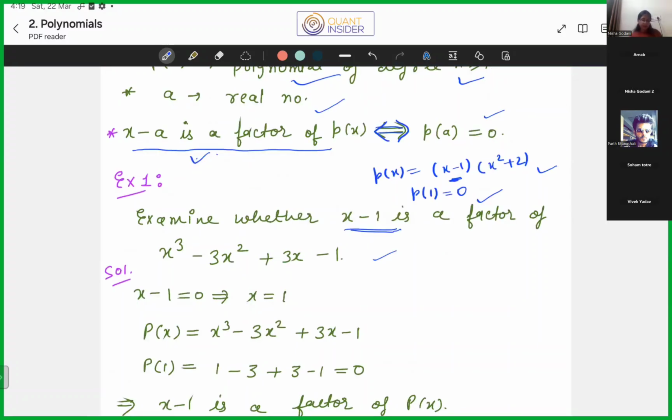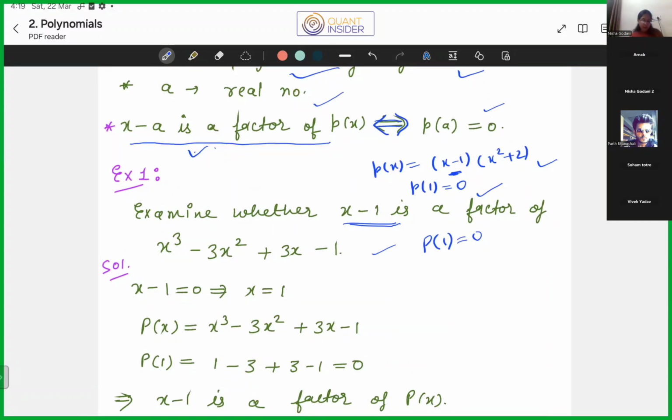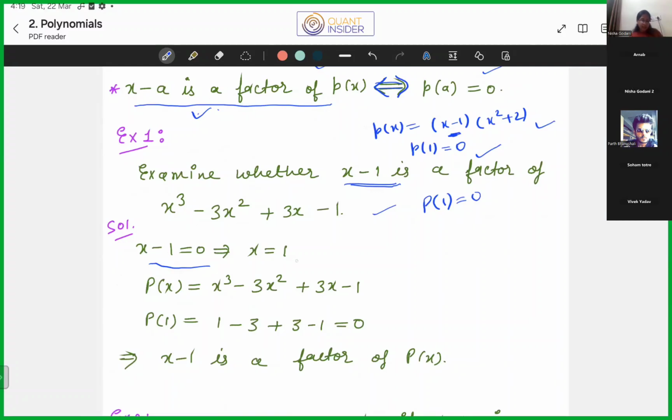So x minus 1 equal to 0 gives x equal to 1. I have denoted the given polynomial by p(x). When you put x equal to 1, p(1) comes out to be 0. So this shows that x minus 1 is a factor of p(x).